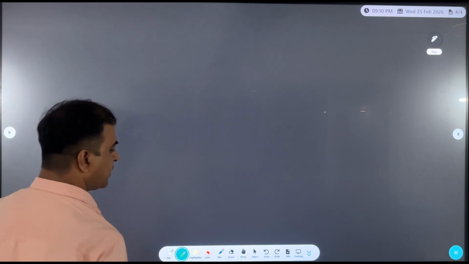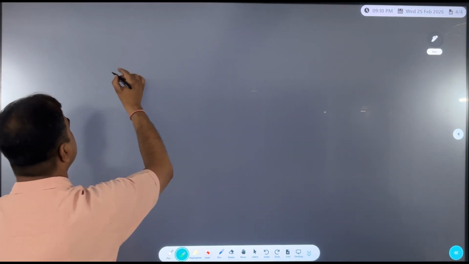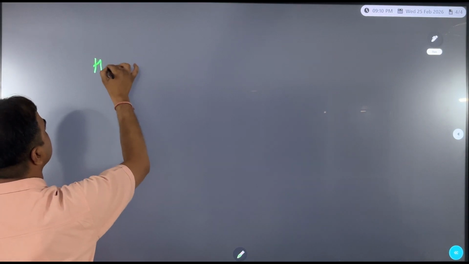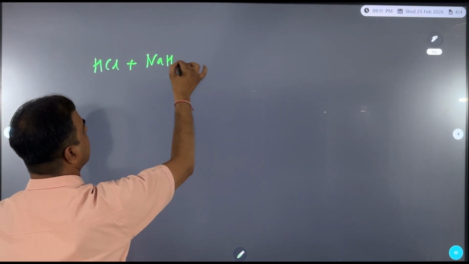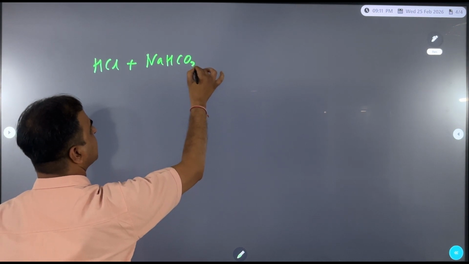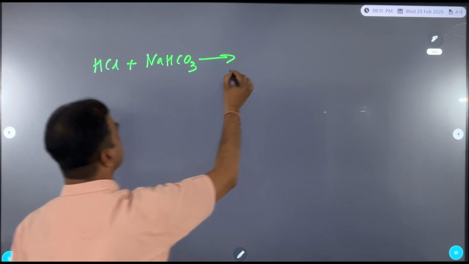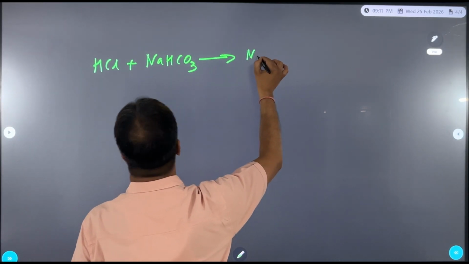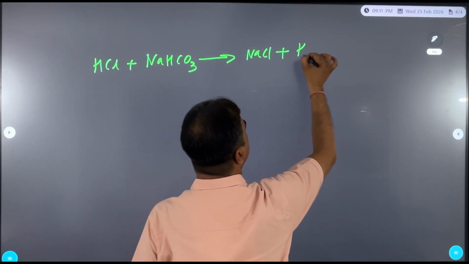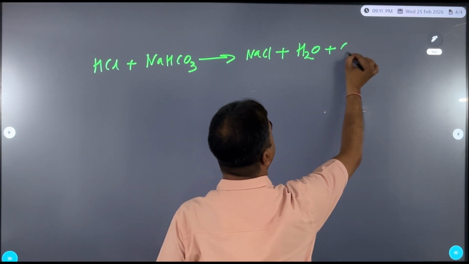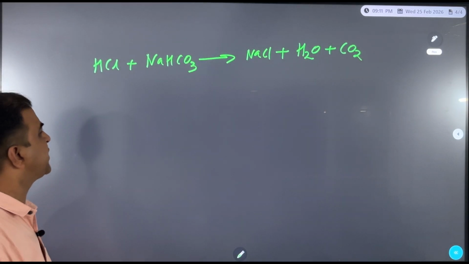So here, if you use the hit and trial method, for example, when hydrochloric acid is treated with NaHCO3, sodium bicarbonate or sodium hydrogen carbonate, it will form sodium chloride, water and carbon dioxide. So here we are going to use the hit and trial method.